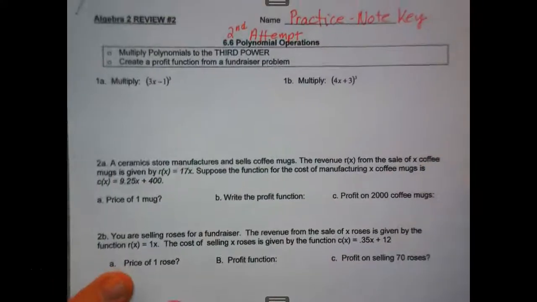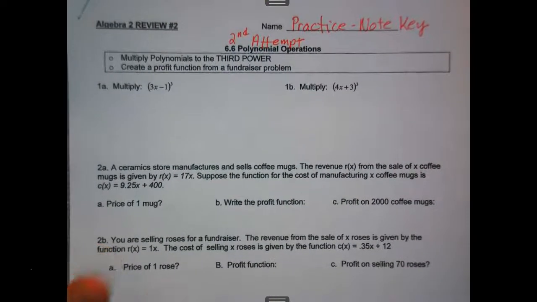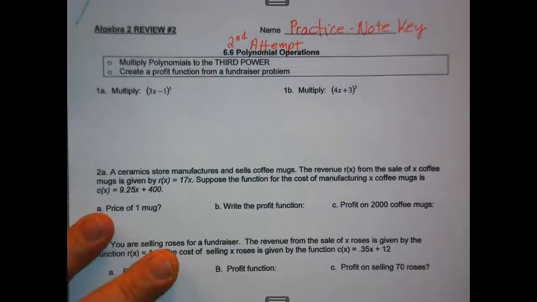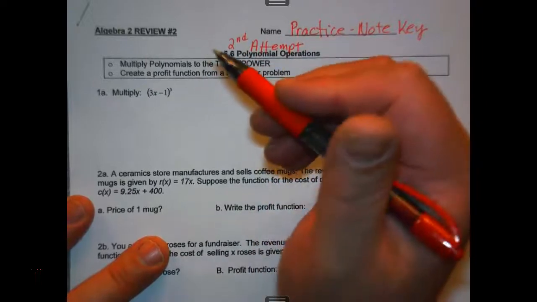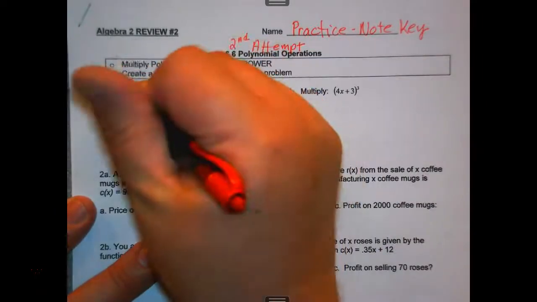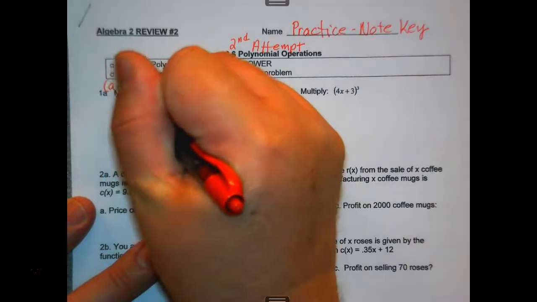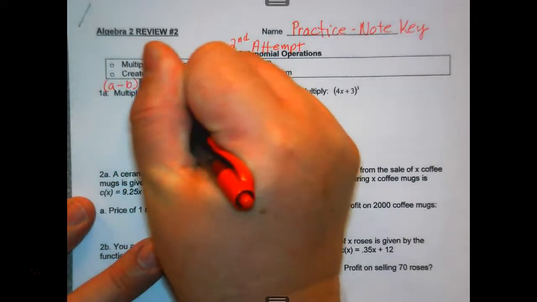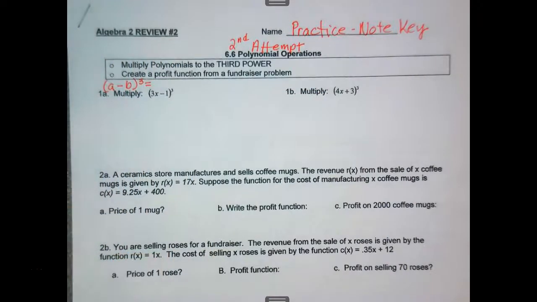Okay, so we're going to multiply the quantity 3x minus 1, 3 times. And the formula for a minus b cubed is, anybody remember? Mr. D doesn't remember.